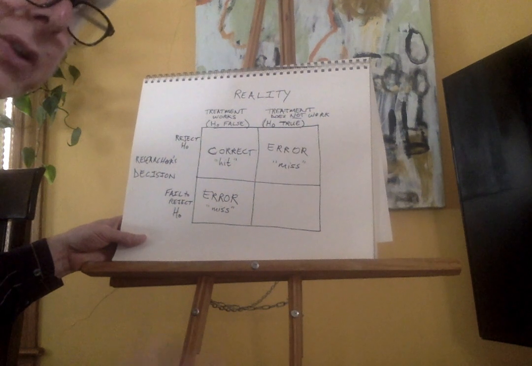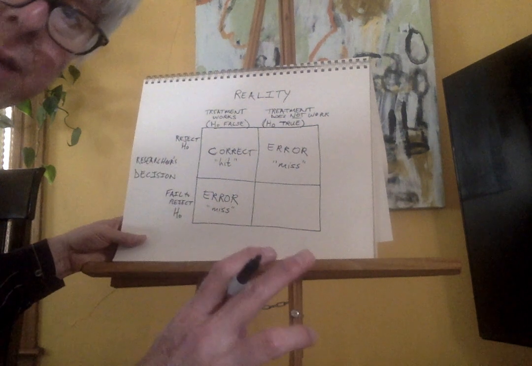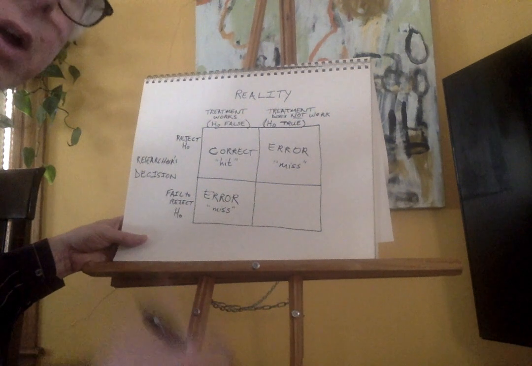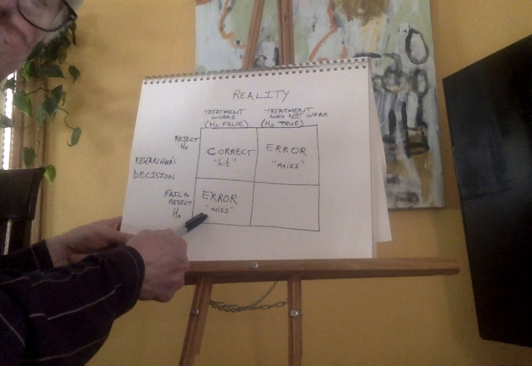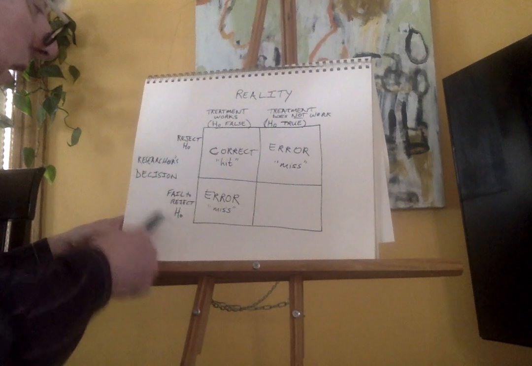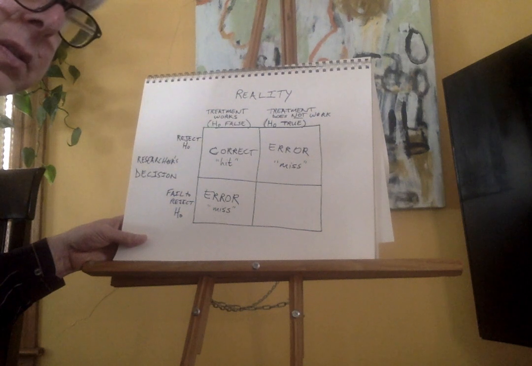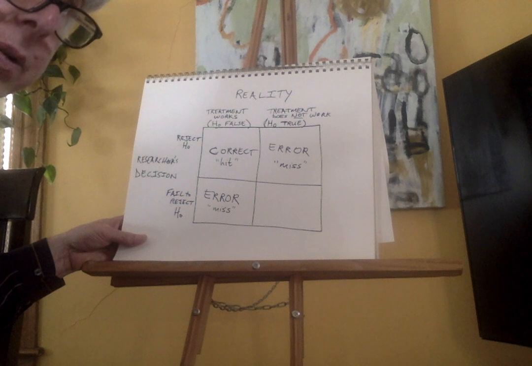We want to make our decision based on information, based on evidence, based on data, and we can always be wrong, potentially. If we fail to reject the null, we don't have enough data to say that this group is different from the other group, okay?